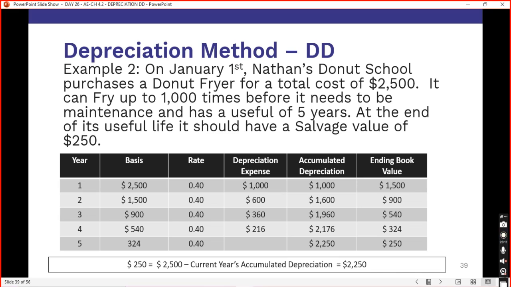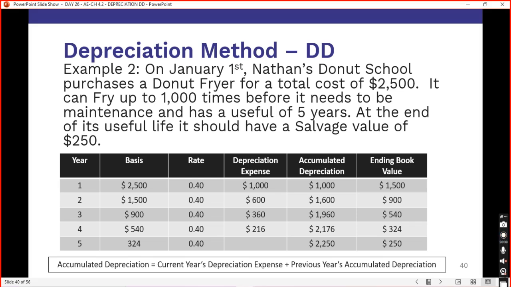Simple, easy math. So therefore, we need to solve for what is the amount of depreciation expense you're going to need to do. Again, use your math. If we already know to determine your accumulated depreciation, we know by this formula is that it's going to be current year's depreciation expense plus previous year's depreciation, accumulated depreciation.